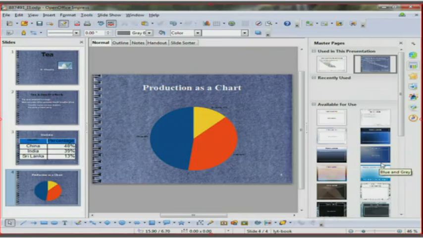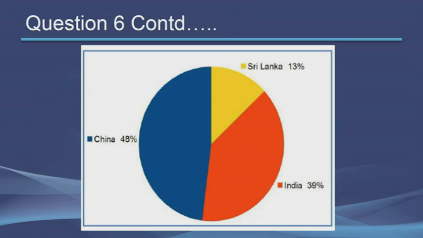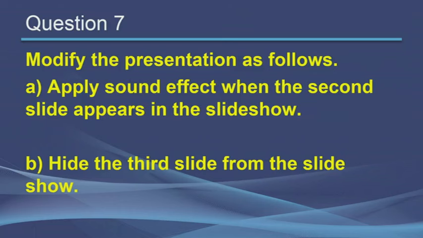Okay. Now up to now we have done 6 questions. Let's move to the 7th question, which happens to be the last question. In the last question, we were asked to modify the presentation as follows.